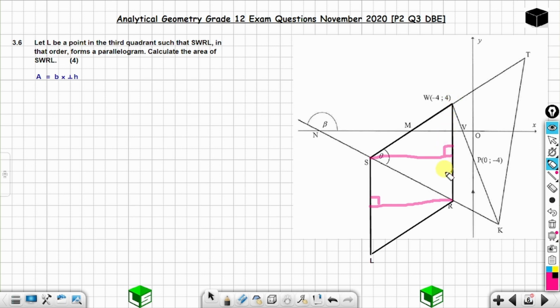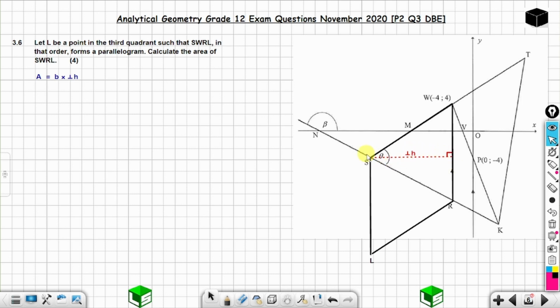So let's use this because we have WR. We have this length from the previous question, question 3.4. Remember, question 3.4, WR is equal to 72/5. So this is going to be our base, and so this is our perpendicular height.